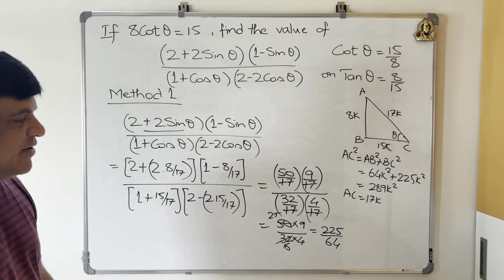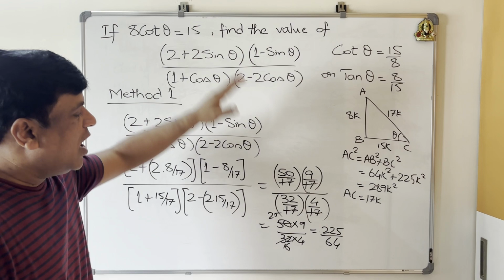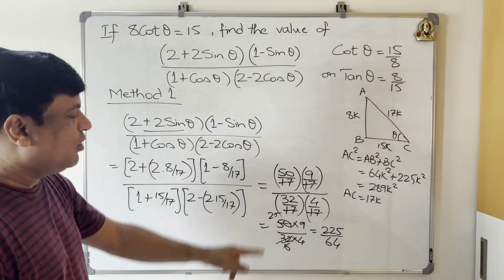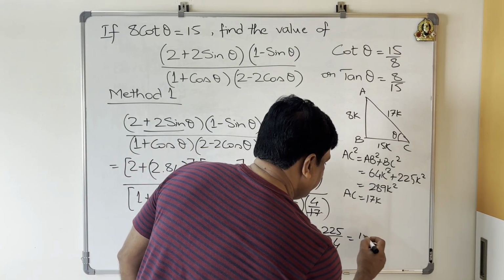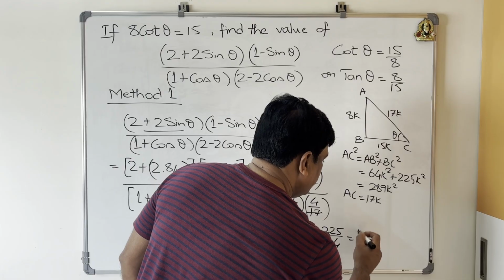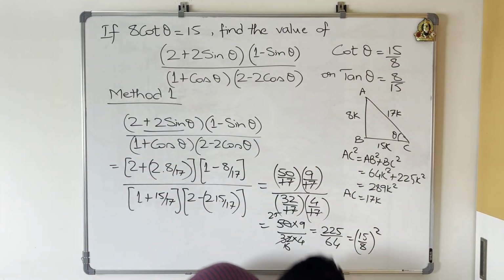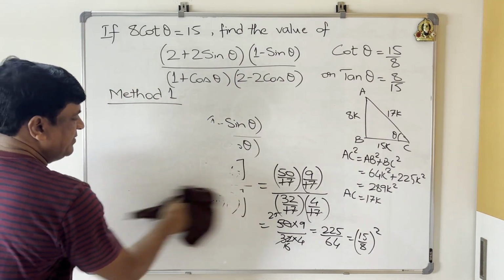So remember that answer. This is method 1. Look at it, how much time did it take for you to solve that one? You got 225 by 64. So we can write this as 15 by 8 whole square. Look at it, 225 by 64. Remember that answer. Now I'll explain how to do it with method 2.